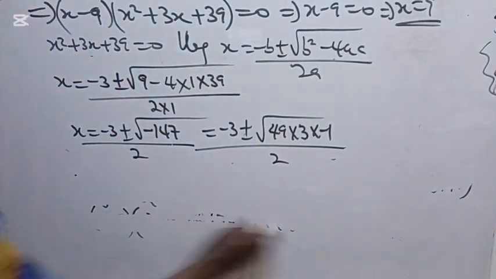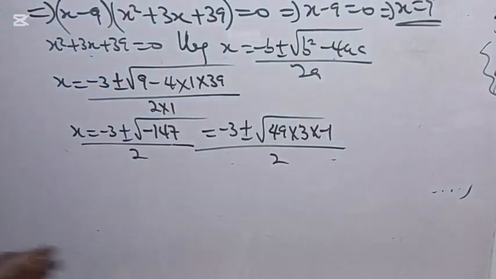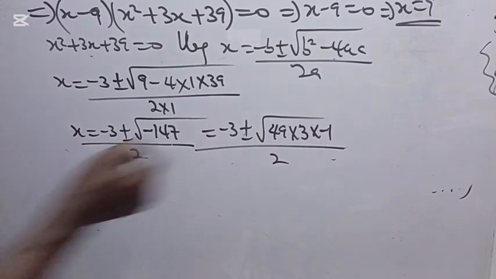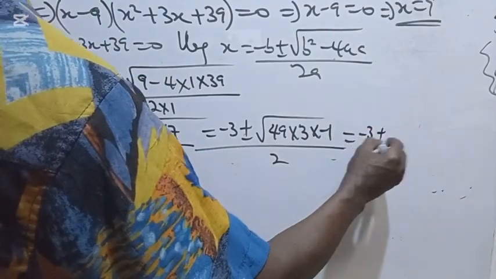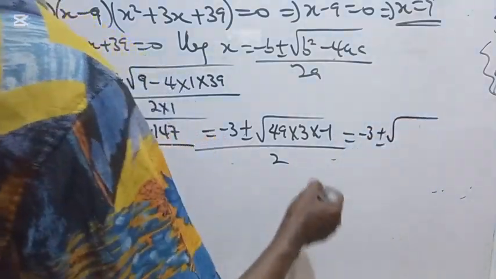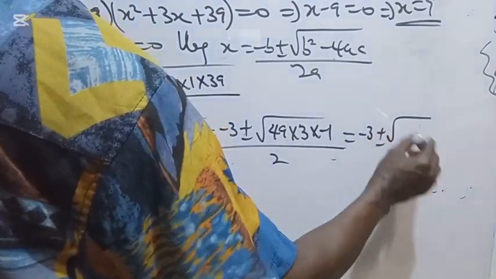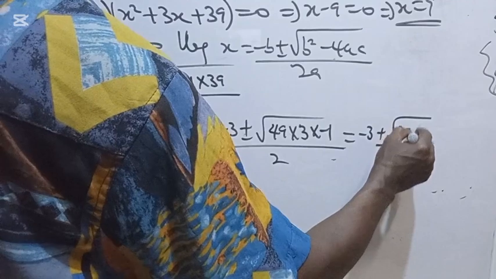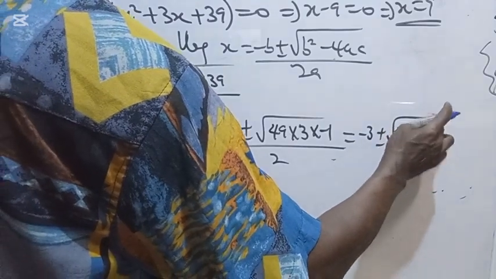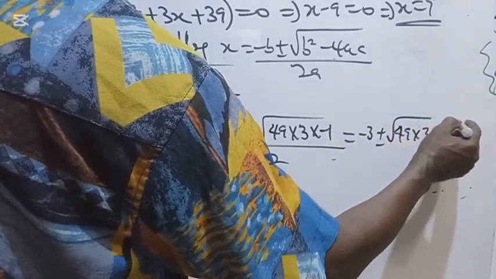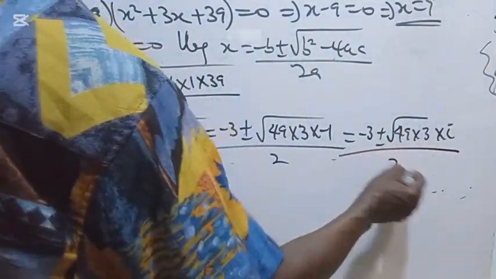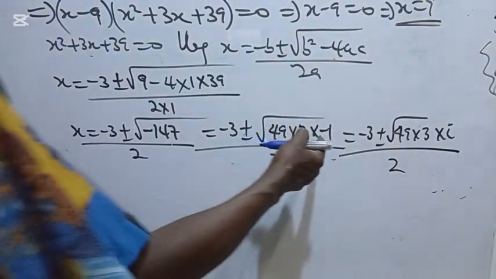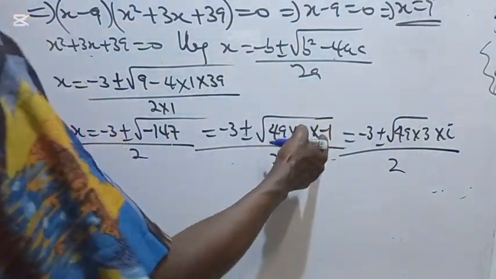Okay. So what next? We can have this as minus 3 plus or minus square root of 49 times 3 times i. But where did I see i, you'll be asking. Recall, the square root is covering minus 1.